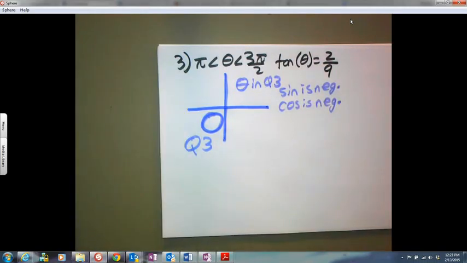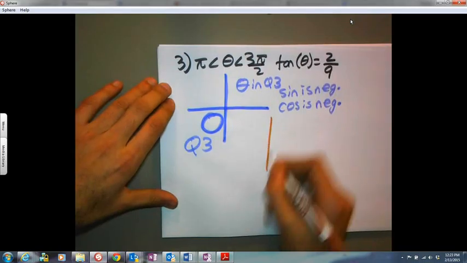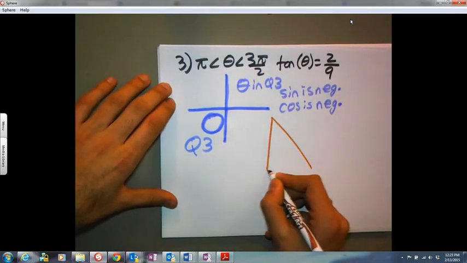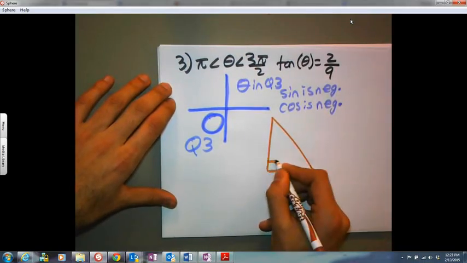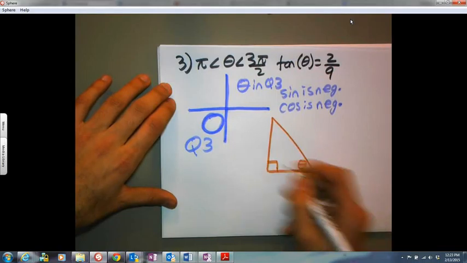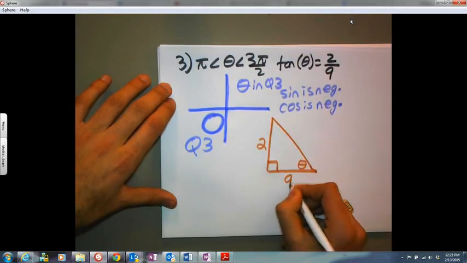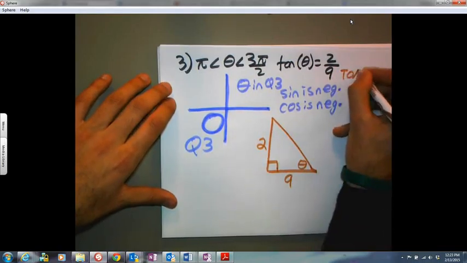Now they're telling me that tangent is 2 over 9. Unfortunately, 2 over 9 is not on the unit circle, so I should probably draw a triangle. Opposite over adjacent. Remember TOA. And now I can use the Pythagorean theorem to get the left side.